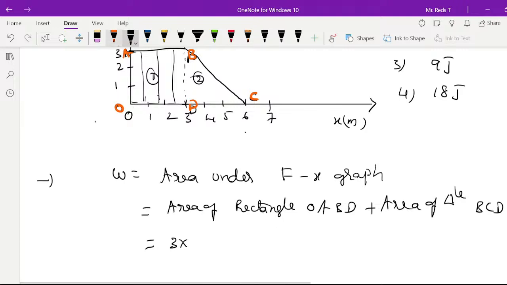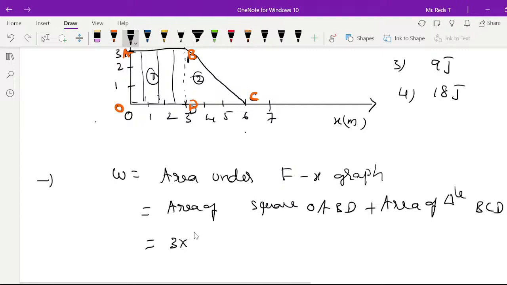This side is 3 and this side is 3. One is force, another is position, but we take it as area of a square OABD.